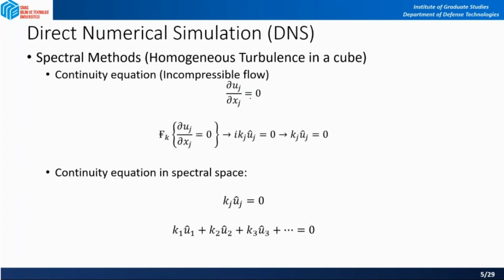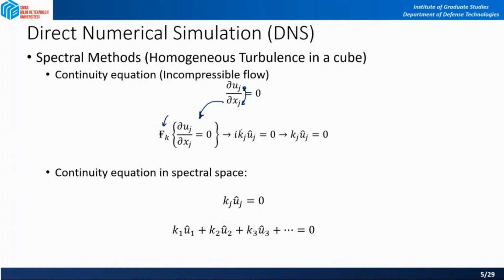And you know that j is a repeating index, so it's a summation, a dummy index. I want to transform duj dxj into wave number space, so I have to apply the operator f on this equation.